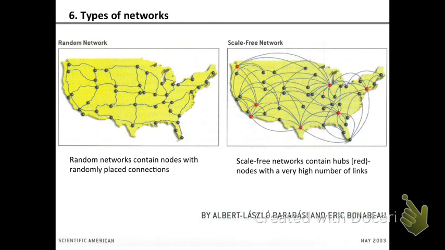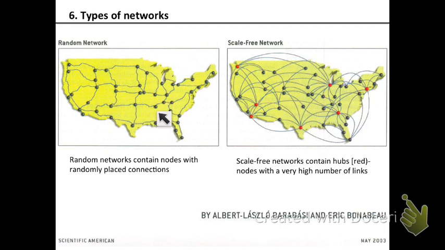All right. So here's a couple of types of networks. There are different networks with different properties. There are two different types of networks that I want to show you now and give you a couple of examples. So in one, you can have a random network. So what that means is that a random network contains nodes with randomly placed connections.